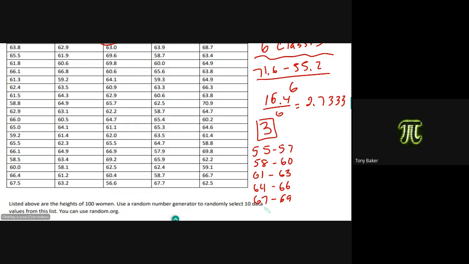It's 4, 5. I want 6 classes, and then 70 to 72. And those are my classes.